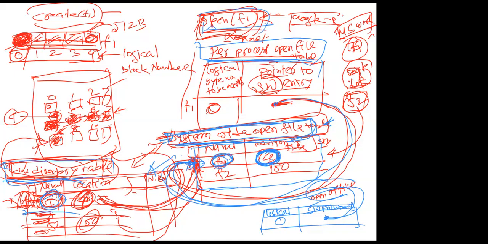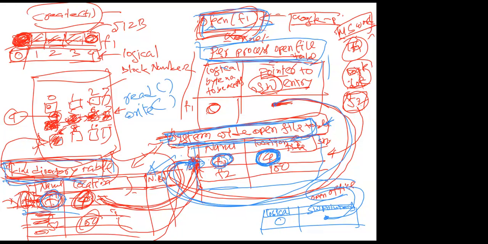After open, there are two other system calls: the read system call and the write system call, to read the data and write the data. Open will make these two tables, and then after open, you will perform either a read system call or a write system call. These two things you usually perform.